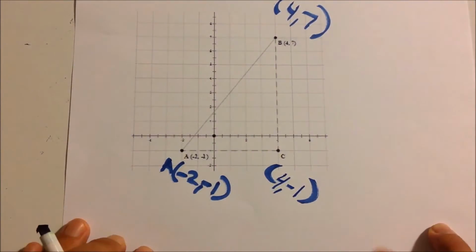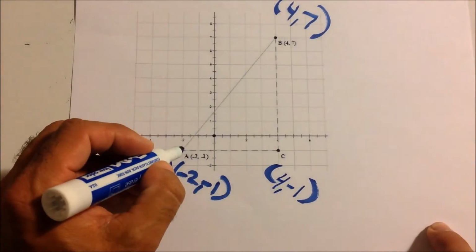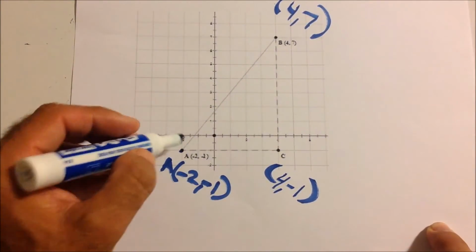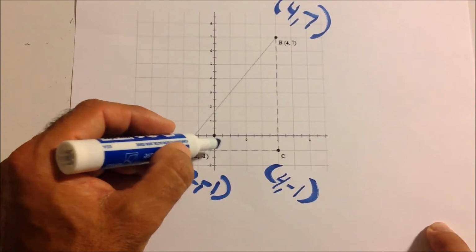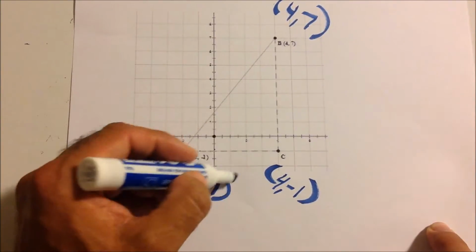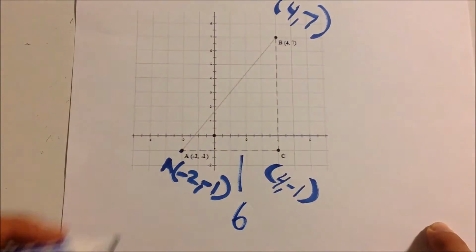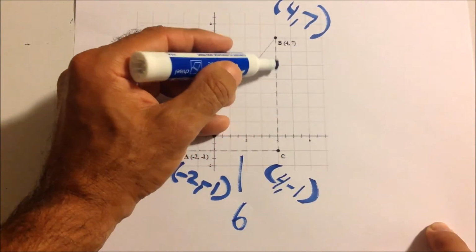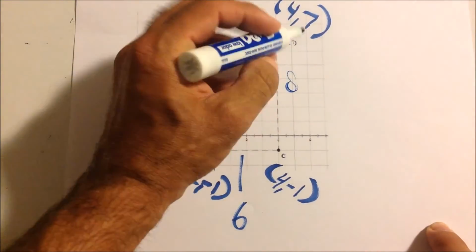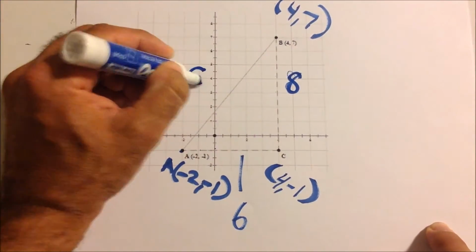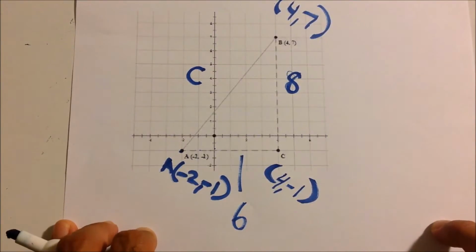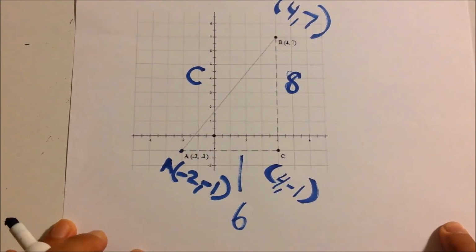As I said before, we can count distances using the unit boxes if we go left or right, or up and down. So we can go 1, 2, 3, 4, 5, 6. That's a 6. And going up and down, we count 1, 2, 3, 4, 5, 6, 7, 8. That's an 8. So we're missing C. You can use the Pythagorean theorem, or you can use Pythagorean triples using the base.